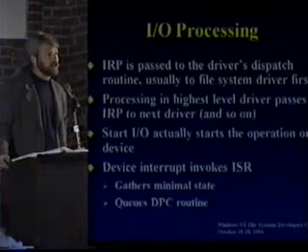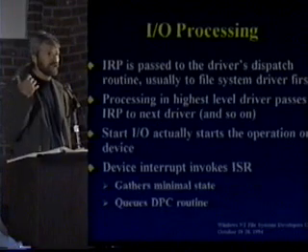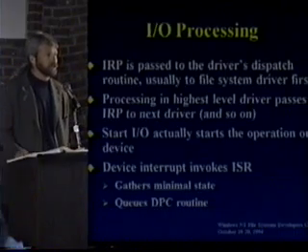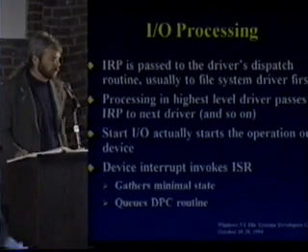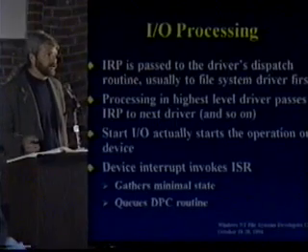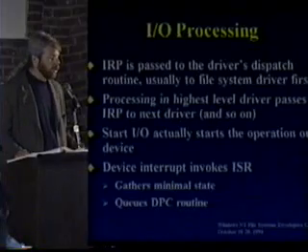The IO request packet is passed in via IO call driver. I call your driver the same way another driver calls your driver via IO call driver. I call you at your driver dispatch routine. The highest level driver processes that IO request packet and optionally passes it down to another one.